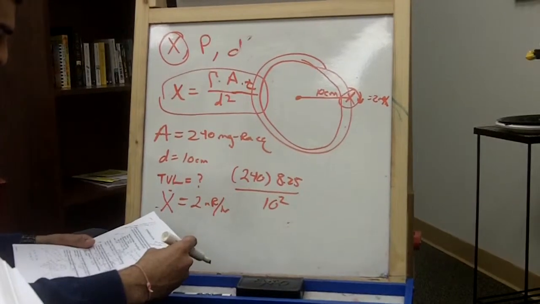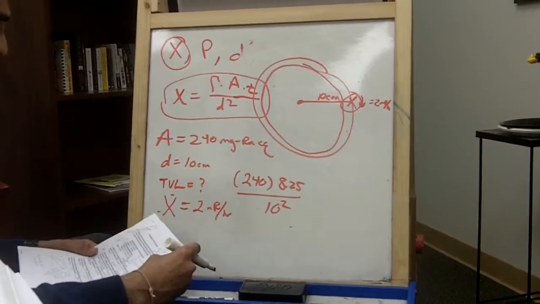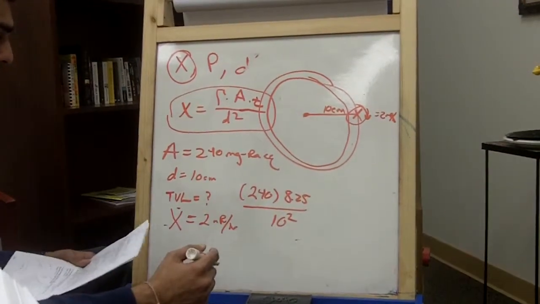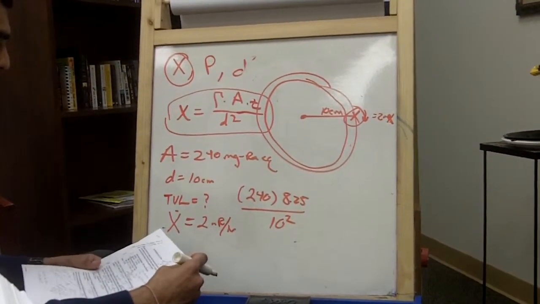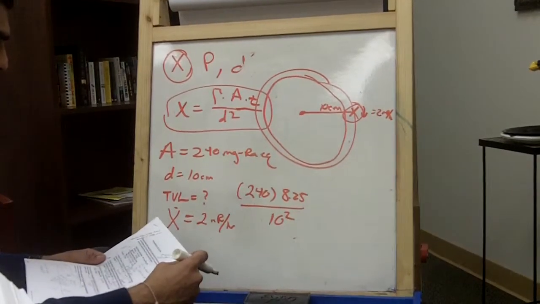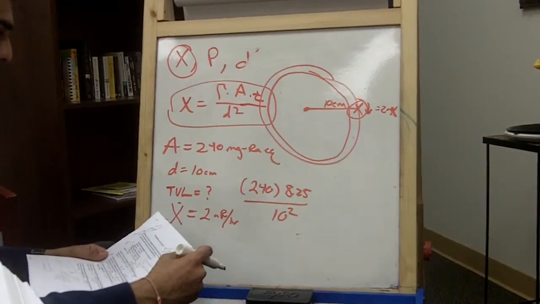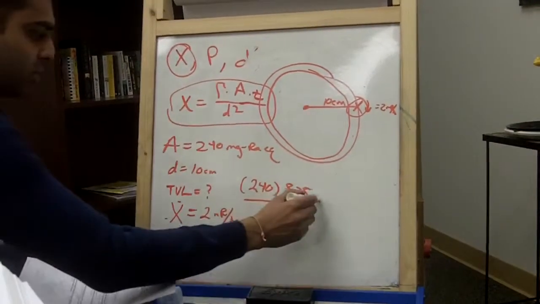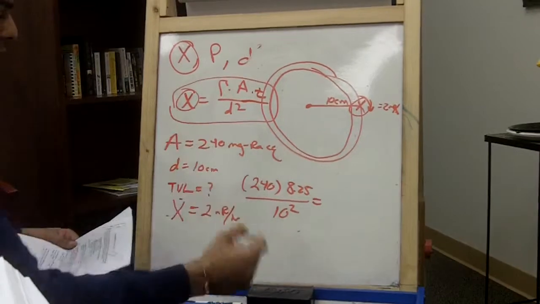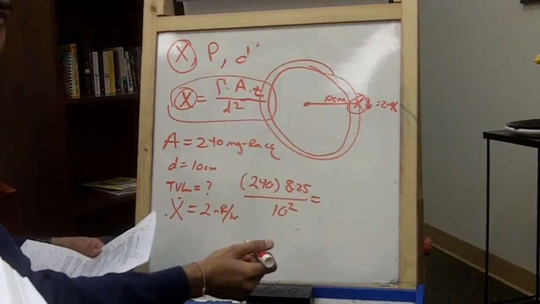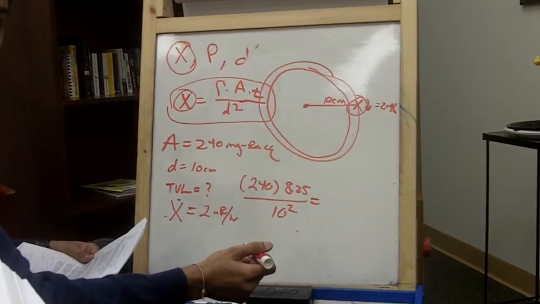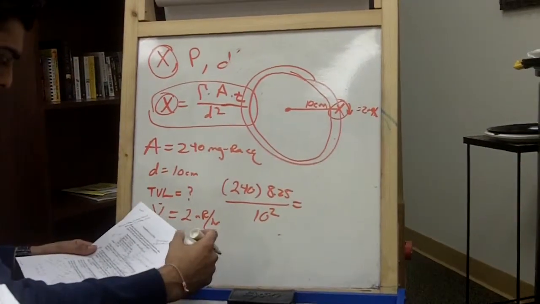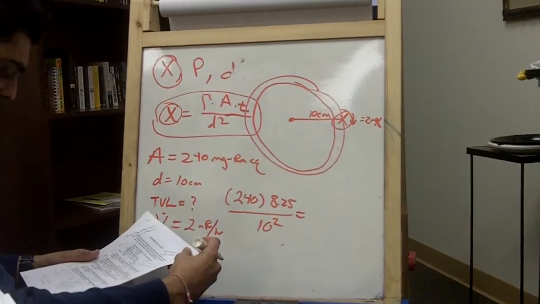Now keep track of your units here. Right now everything is milligrams and centimeters. And the most important one: once you do this, what do you get? What's x going to be in? Milliroentgens per hour? We're trying to get to milliroentgens per hour, but we're only in roentgens right now.